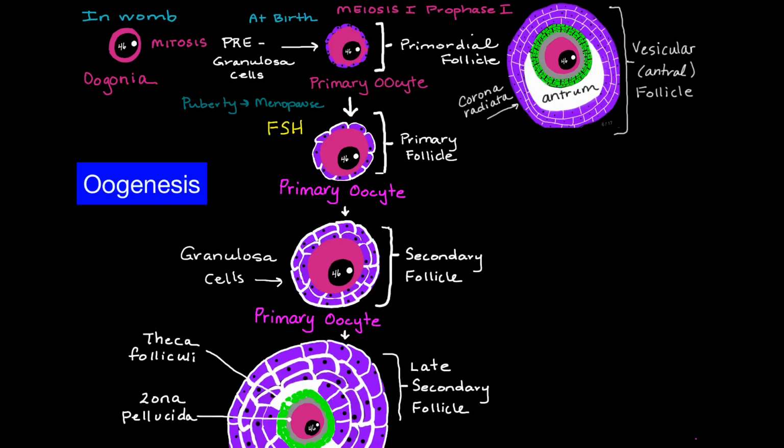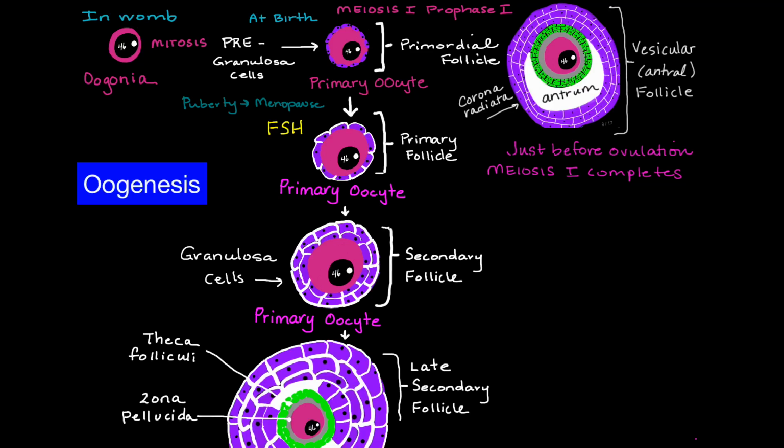Okay, so next, just before ovulation, meiosis 1 finally is completed. So remember, this whole pathway on the left, every time we're calling our gamete a primary oocyte, it is arrested in prophase 1 of meiosis 1.